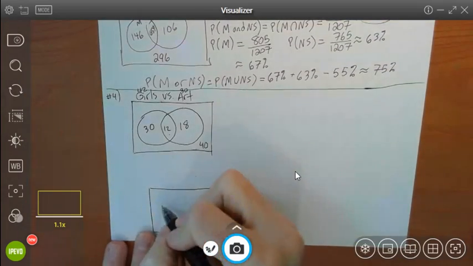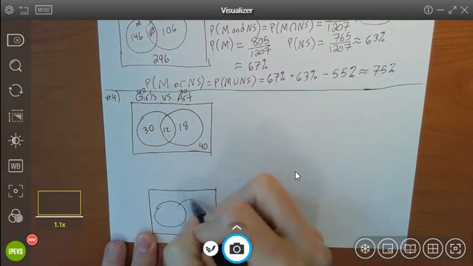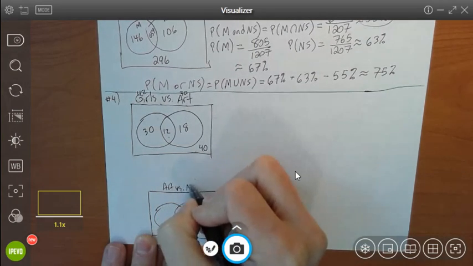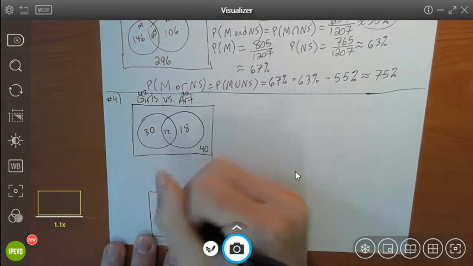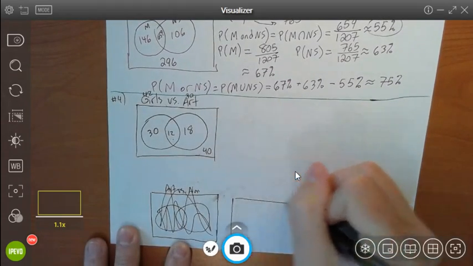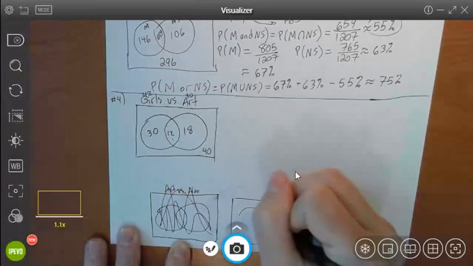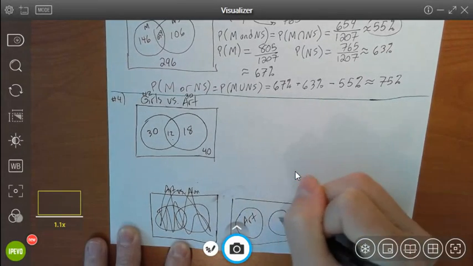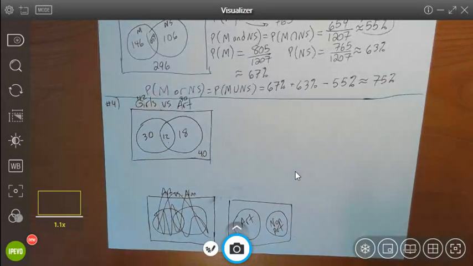we can make one that is art versus non-art. So art versus non-art. So it would just be, we have art and then we have non-art, and those are mutually exclusive. You can't pick both subjects, either you're in art or you're not in art.